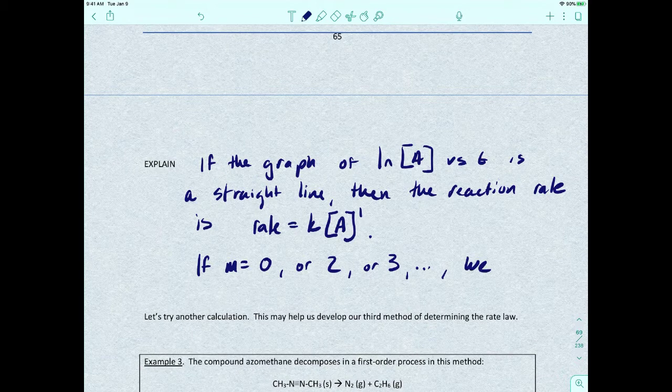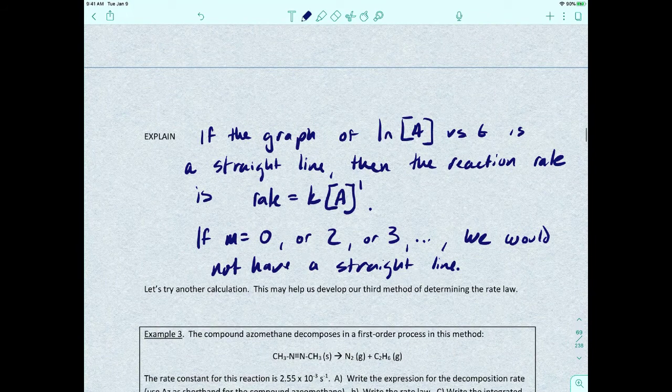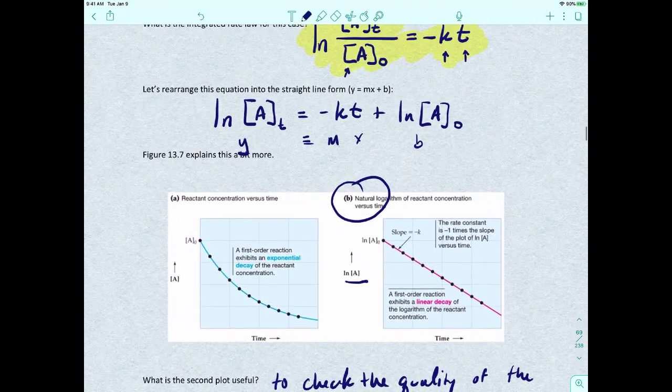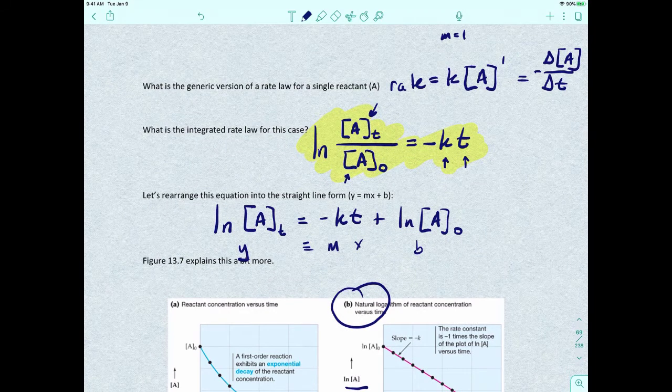we would not have a straight line. And so that's it. As long as you have a first order reaction, this equation will work.